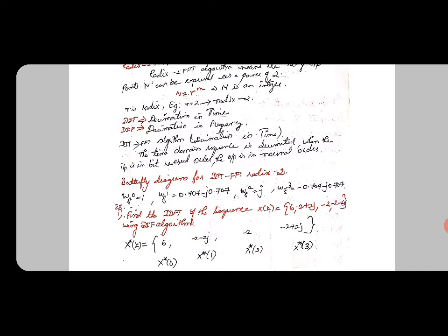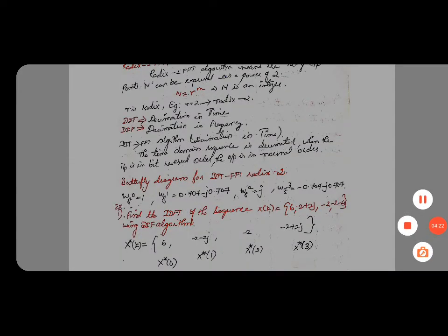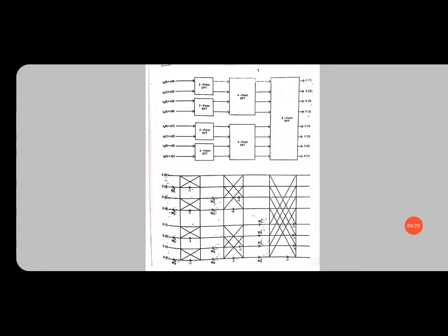Before going to this we can see what is the butterfly diagram and how the butterfly diagram can be drawn. This is the butterfly diagram of DIT FFT algorithm. In this we can see first there will be 2-point DFT, then 4-point DFT, then 8-point DFT. We can notice that first the input sequence will be in bit reverse order and the output will be in normal order.